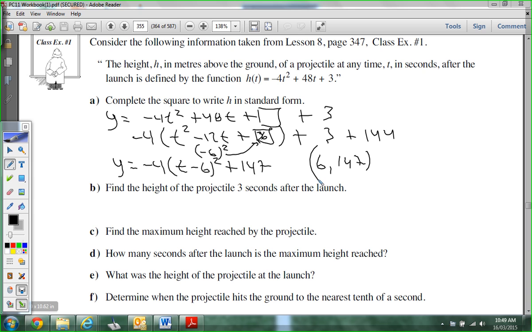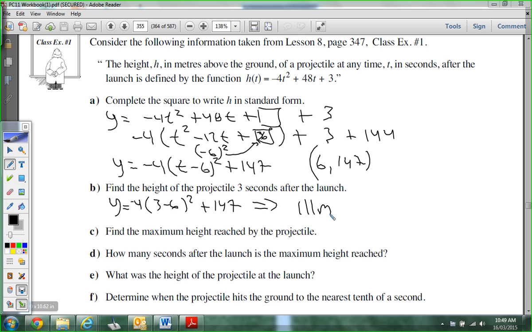Okay, so find the height of the projectile after 3 seconds. So how can I find the height of the projectile after 3 seconds? I can plug 3 in for t. I plugged 3 in for t just like we did earlier. I'm going to get (3 minus 6) squared plus 147. When you calculate that, you're going to get 111.